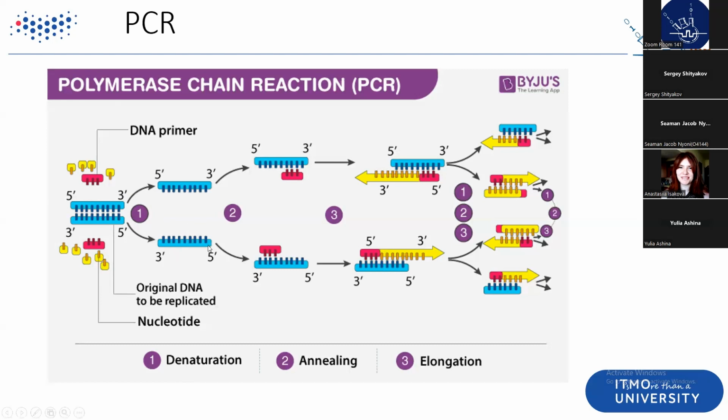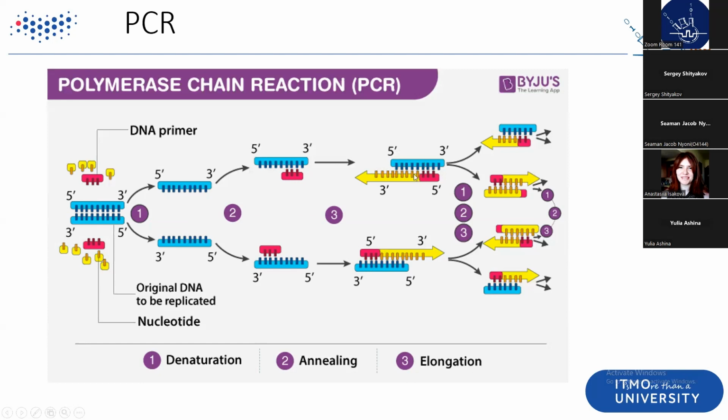Then your DNA will break down, and in the second stage you would decrease the temperature, and the annealing is taking place. The annealing means that your primers would bind complementary to these specific areas of your DNA. And if the primer is mutated, that will also produce the mutated part of the region.